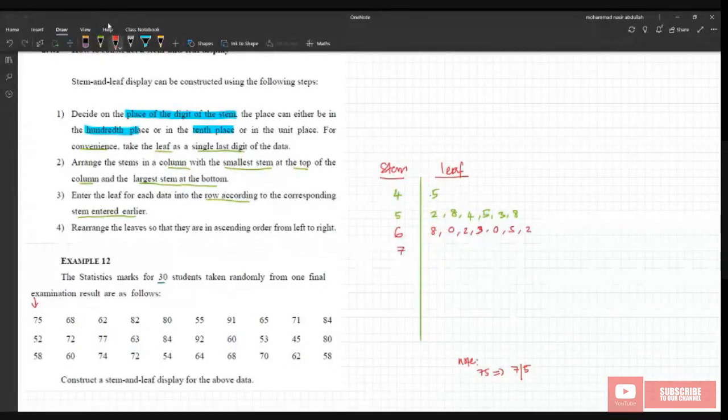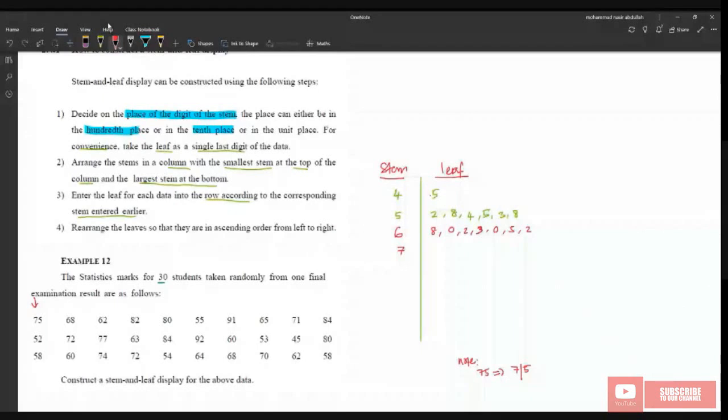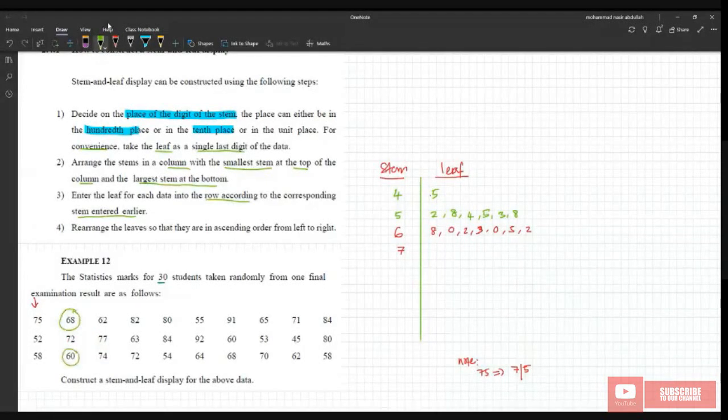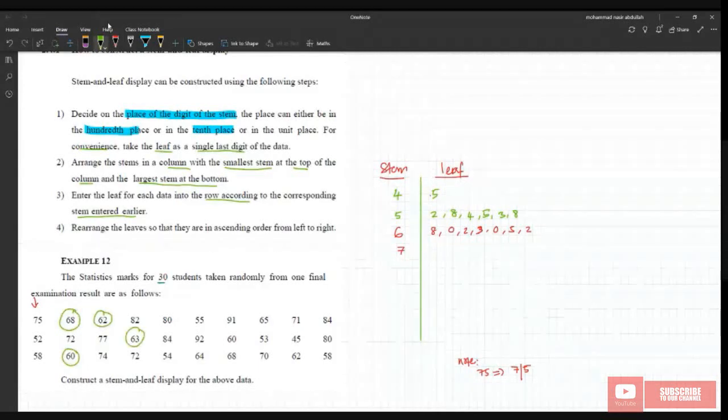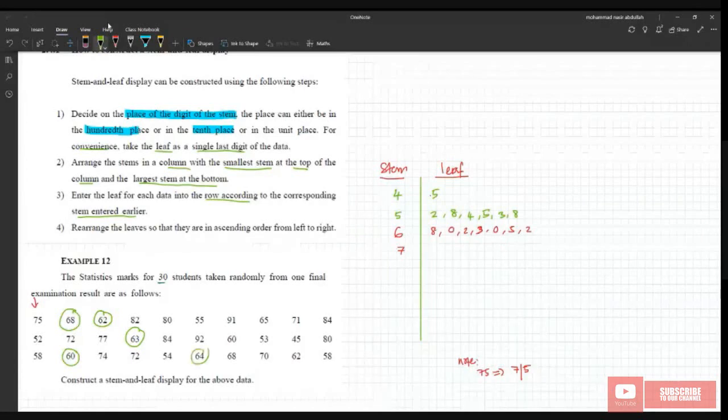For 7 we have 75, 72, 74. 68 we have 2. Is it? Again, we try to figure out for 60. This is 68, 60, 62, 63, 64, 68. Yeah, 68 we have 2.